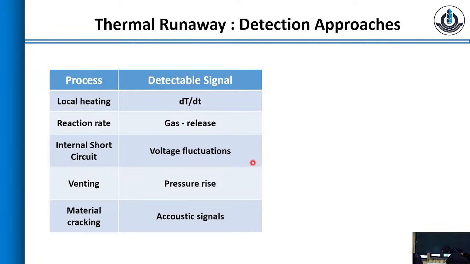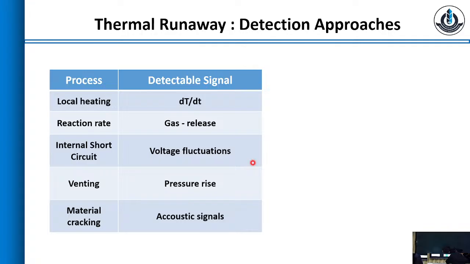Now, one of you asked me what happens if we detect the material quality. Some of the approaches we use to monitor the health of the battery during usage are as follows. One is local heating. Once these reactions take place, the cell will start to heat up, so you can put a thermocouple or some kind of temperature sensor and monitor the temperature.